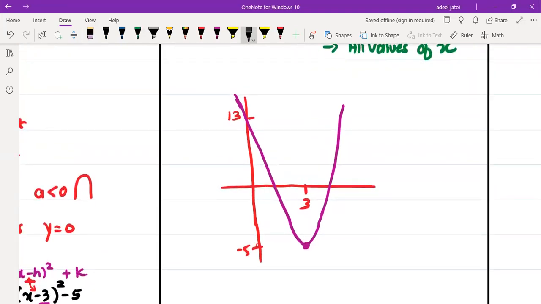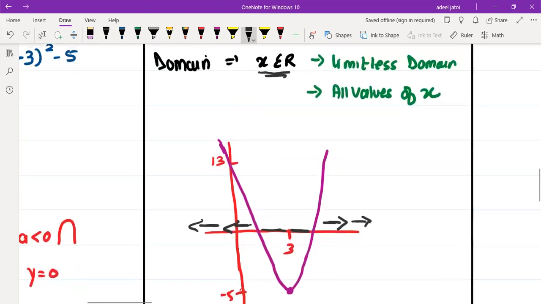That means any values of x on the right hand side, any values of x on the left hand side. Obviously these middle values are already part of the graph, right? But any values of x, positively or negatively, will keep on going. So my graph can also be extended upwards.